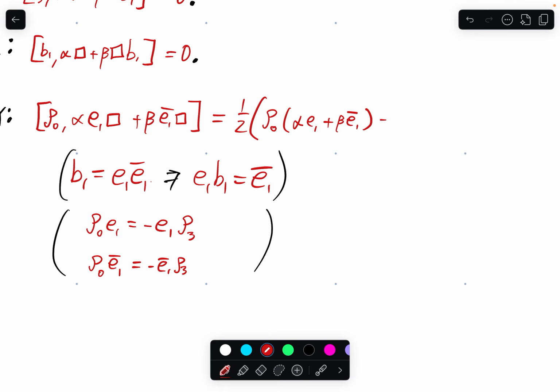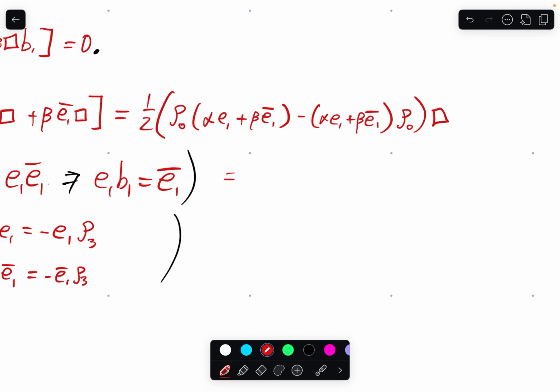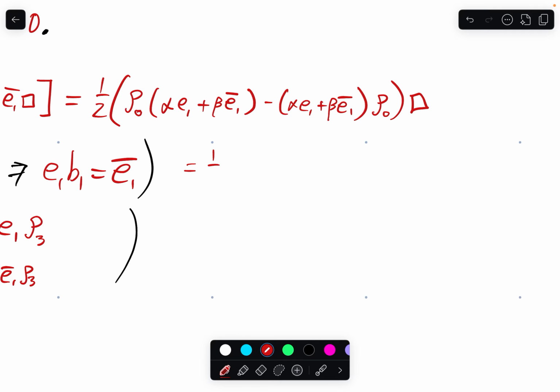Then it'll be minus alpha E1 plus beta E1 bar, and then rho naught. Then the box will be out here. Then we get, or actually, we're going to get 1/2.